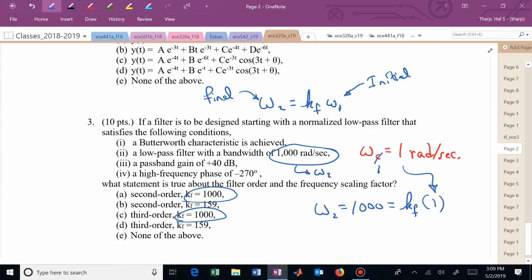3 says a passband gain of 40 dB. What does that mean? Does that give us any information about the order of the filter?